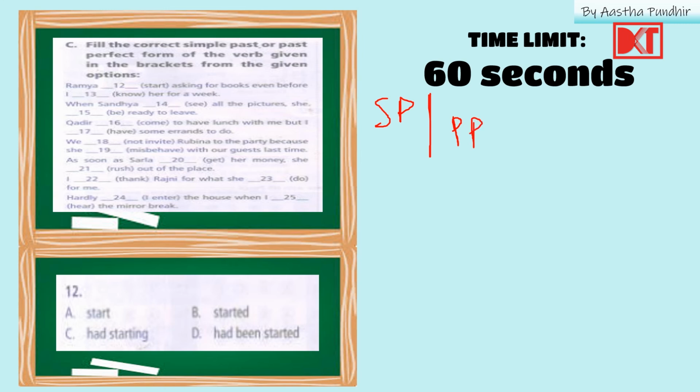Ramya dash asking for books even before dash her for a week. Okay, now here we will be using simple past because it is an action which has been completed. Ramya start, for start we have to form the simple past. How do we do it? By adding ed. So Ramya started asking for books. The answer is B.